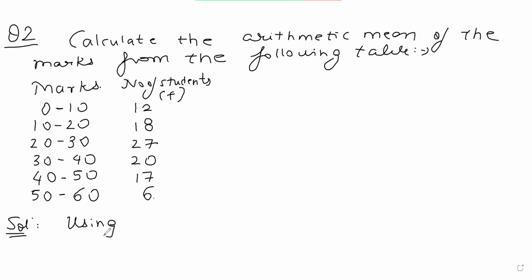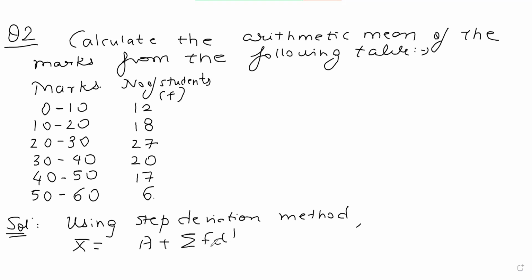Using the assumed mean method, or in fact, the even better method is the step deviation method. That's even faster. Using the step deviation method, x bar is nothing but assumed mean plus summation fd dash by n times i, where i itself is the magnitude of the class interval, L2 minus L1, upper limit minus the lower limit.